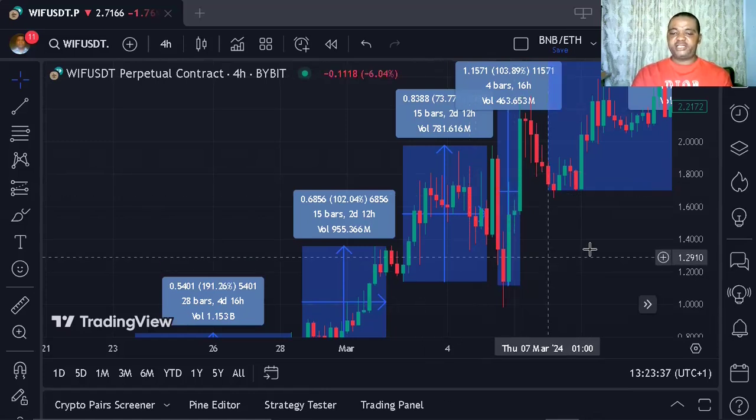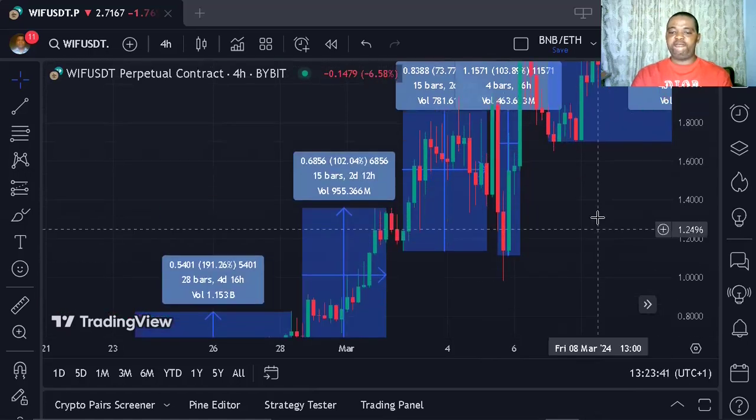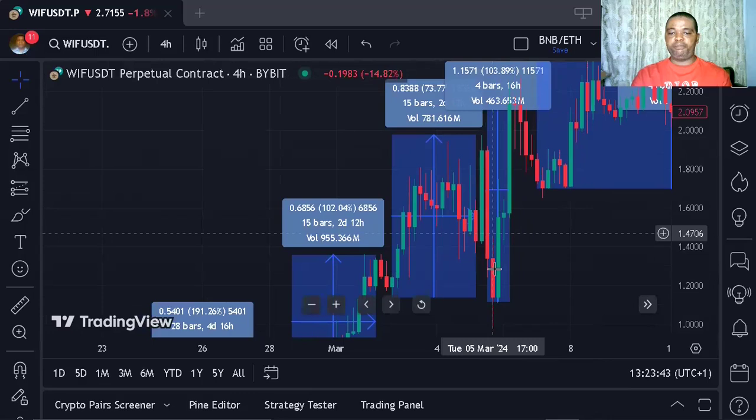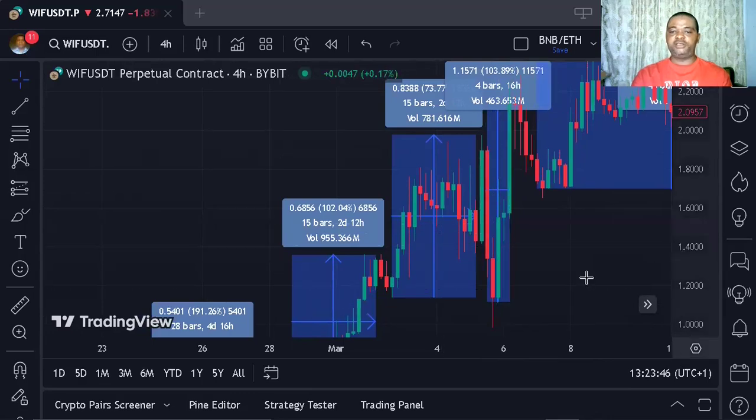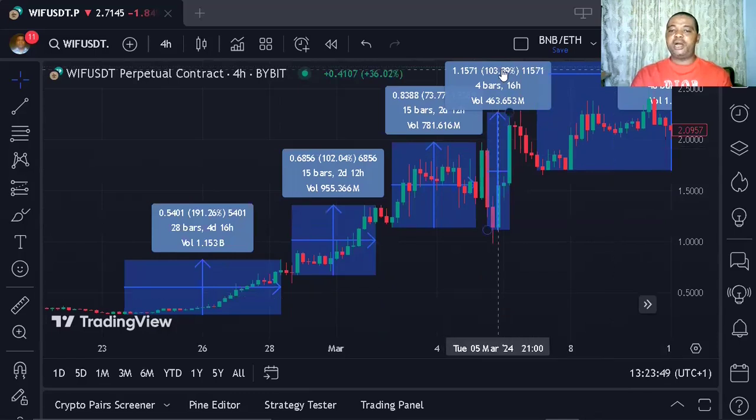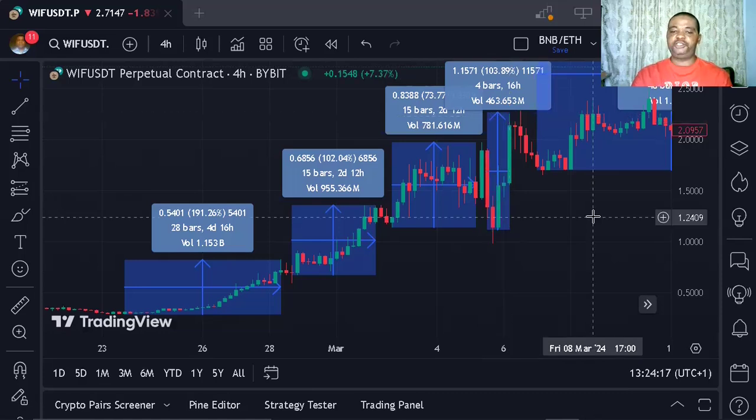For example, the next bullish trend section started from the lowest price of this green candlestick bullish trend starter, and the price action of this cryptocurrency squeezed up by 103.89% in 16 hours. Oh my God, this is absolutely insane. So that means in under 24 hours, you can literally make over 90% profit on this particular bullish trend section.